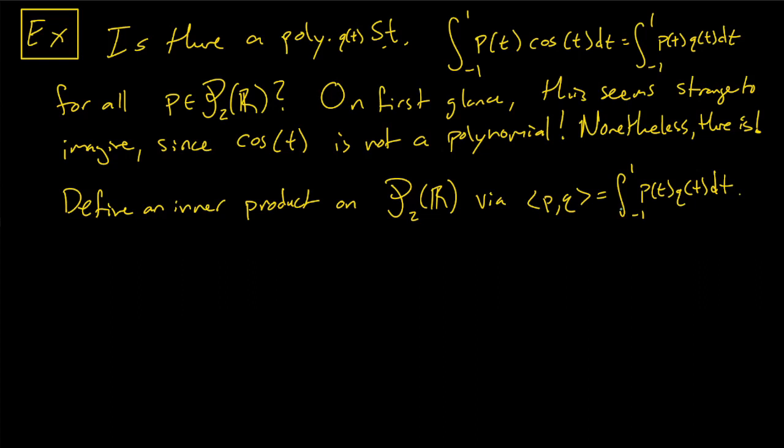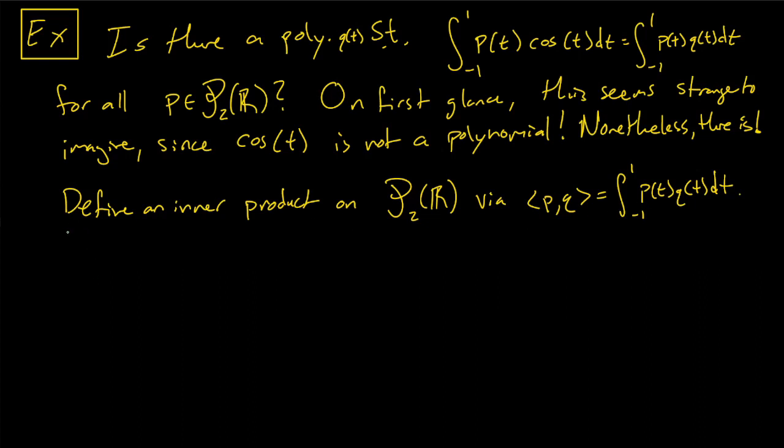Check the rest of the things in the list of criteria we need for an inner product, and you'll find that everything works out. If you don't believe it, pause the video and double check for yourself. It's a great exercise. But let's proceed without going through the long and arduous process of actually verifying it. Just trust me, it is indeed an inner product.